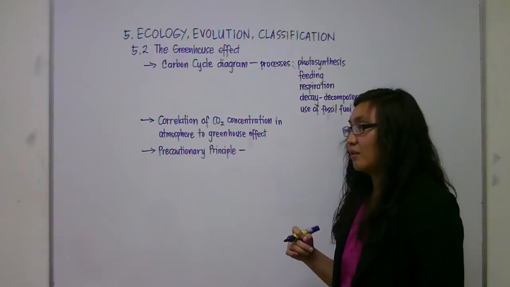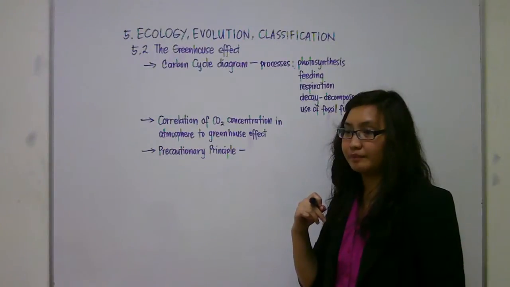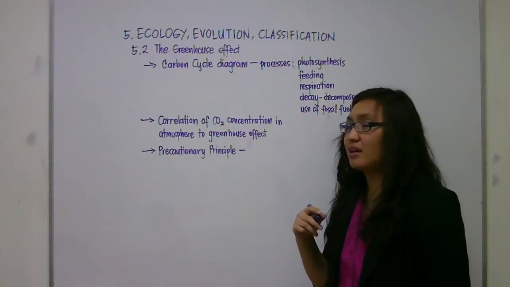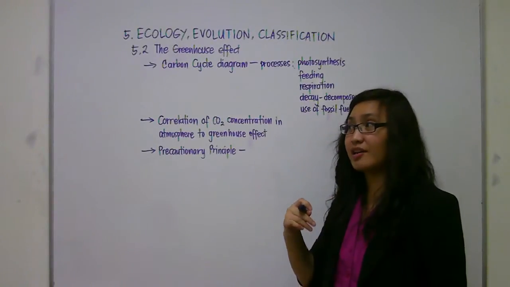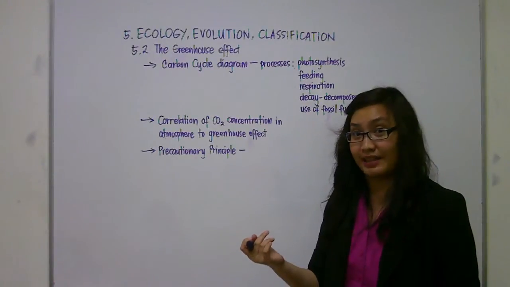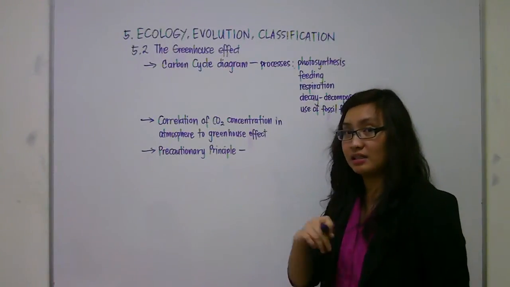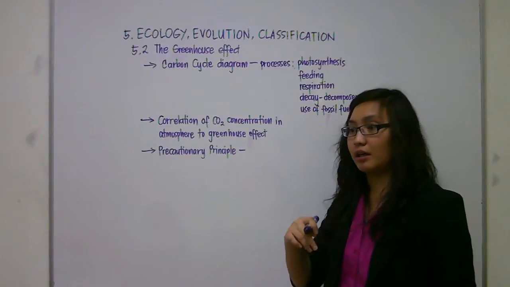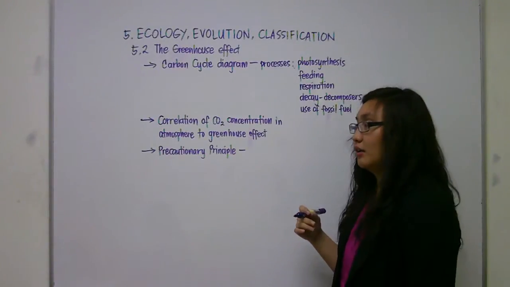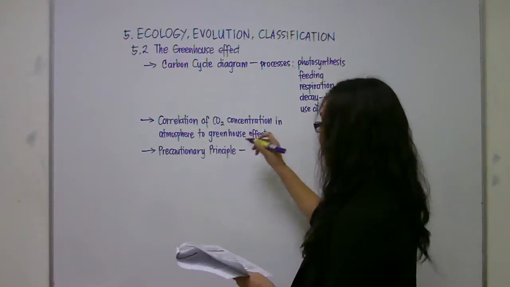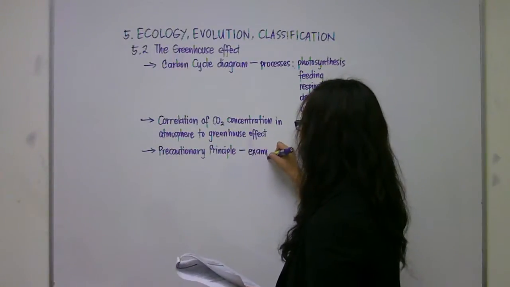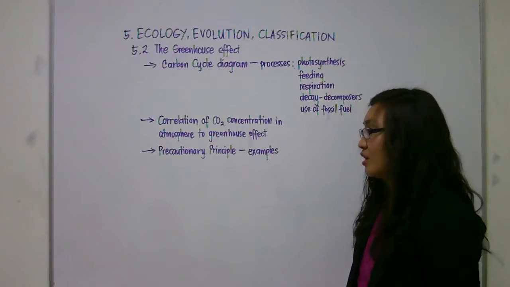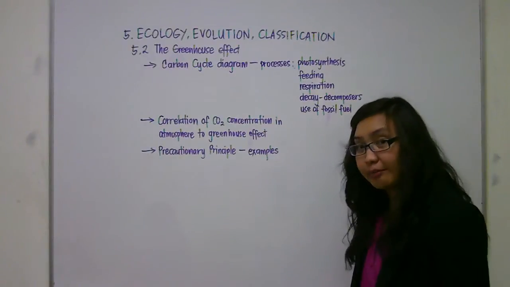Even with the advancement of technology at the time, we hadn't foreseen the excessive production of carbon dioxide in the atmosphere, which could affect the atmospheric temperature and later on result in global warming. In this case, we just need to find examples so that we can further discuss the precautionary principle.